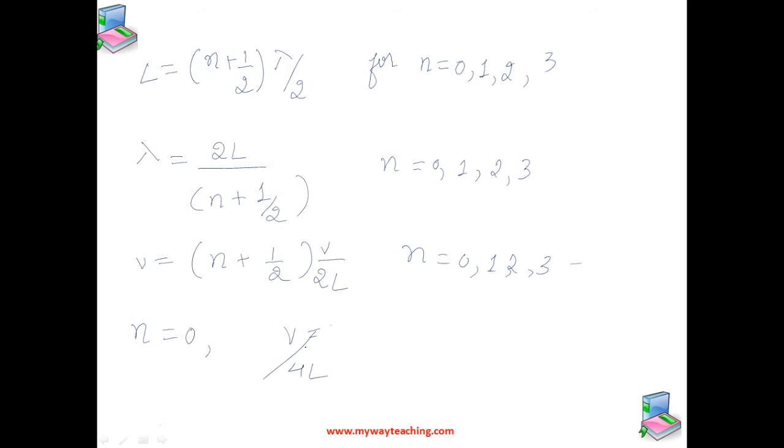The higher frequencies are odd harmonics, or odd multiples of the fundamental frequency. It can be 3v by 4L, then 5v by 4L, and so on. Higher frequencies are odd harmonics.